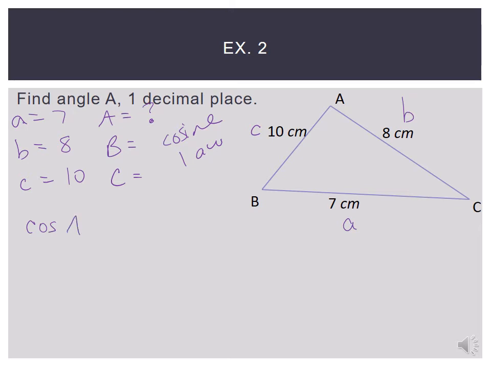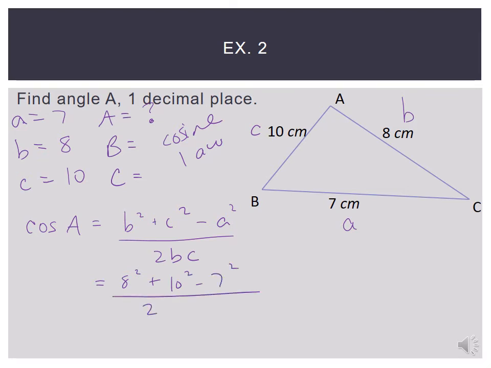So we'll rewrite it. Cos A equals b squared plus c squared minus a squared over 2bc. And you fill that in. So 8 squared plus 10 squared minus 7 squared over 2 times 8 times 10.